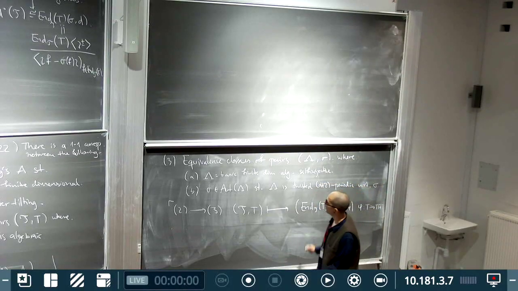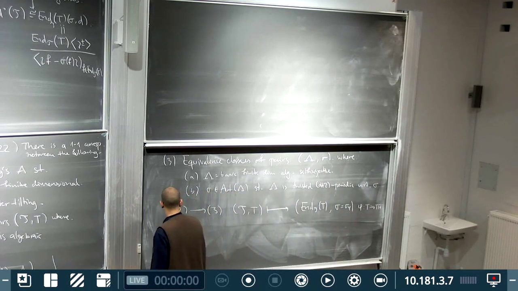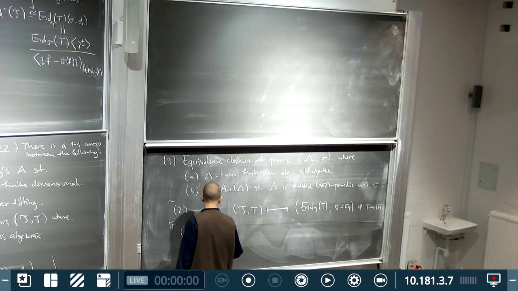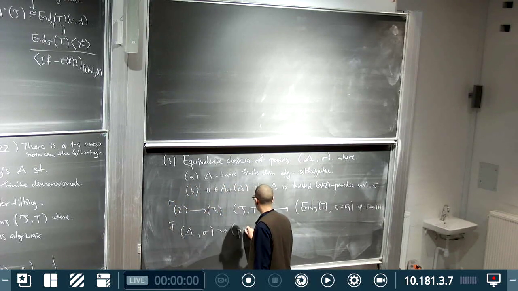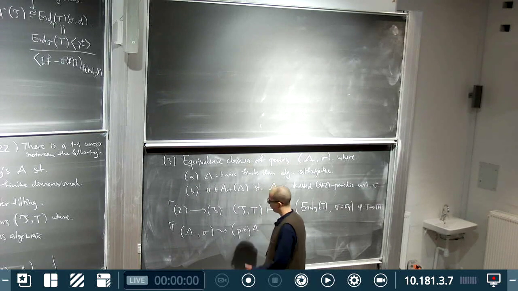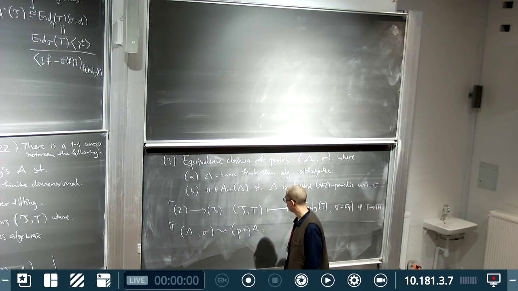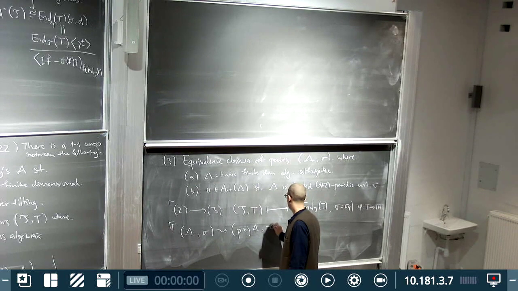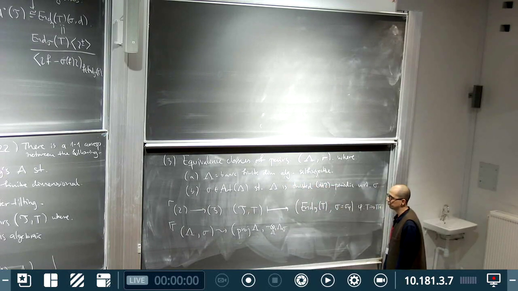And here equivalence classes of pairs means that you should think, so maybe second remark, from the pair lambda sigma, one produces the pair consisting of the category of projective lambda modules and an autoequivalence given by, let's choose this special bimodule that appears in the definition of twisted periodic.